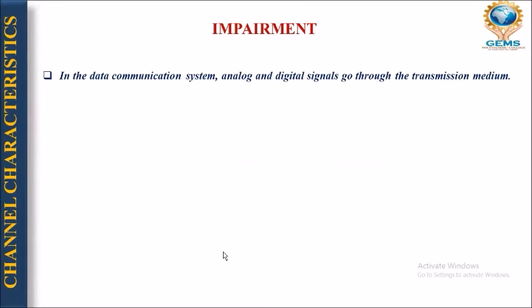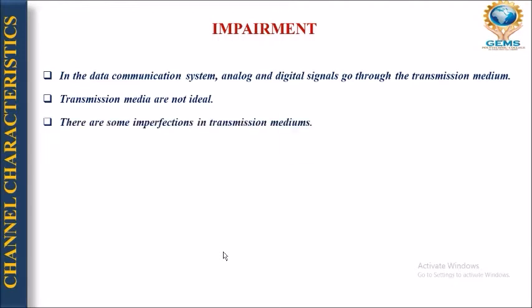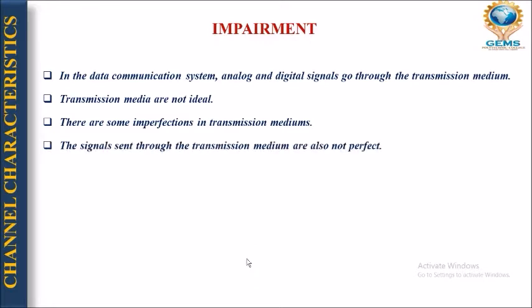Impairment means there is something wrong in the communication system. As we know, a communication system can transmit analog and digital signals. So transmission media are never ideal. They may have some imperfection.